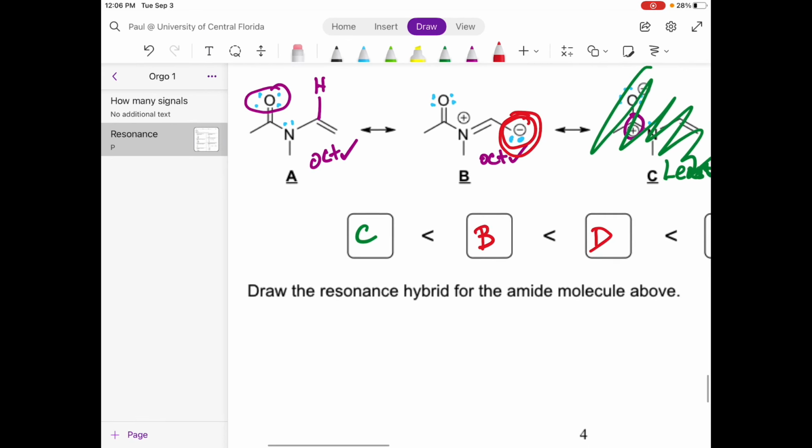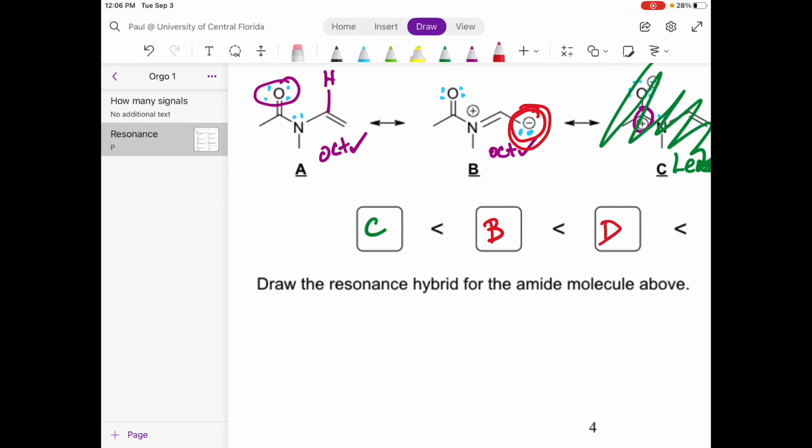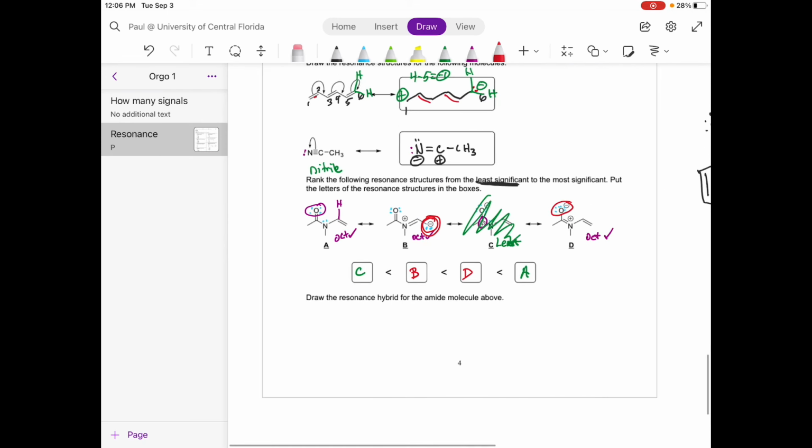Now draw the resonance hybrid for the amide molecule above. Well, when we do that, we want to take a look at all the resonance structures that we've come up with, and we're looking for which atoms have negative formal charges, which bonds have positive charges, which ones have double bond character, triple and single bond character.